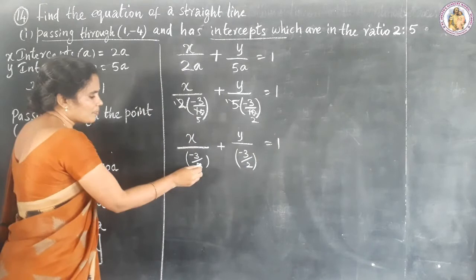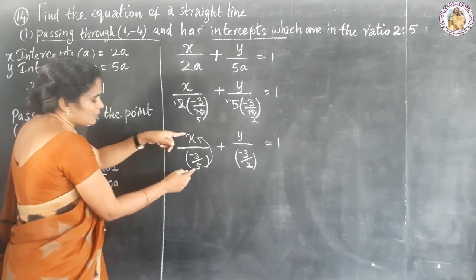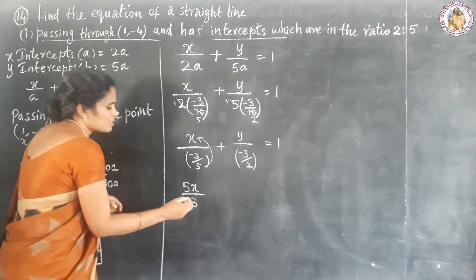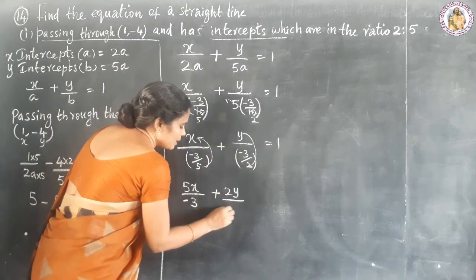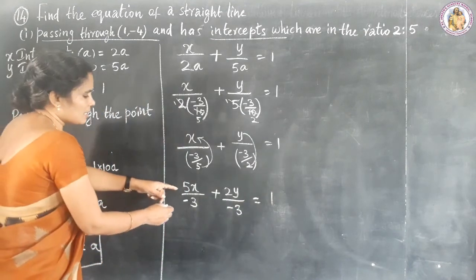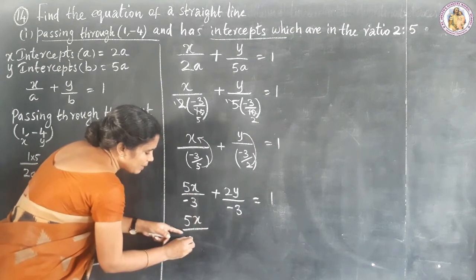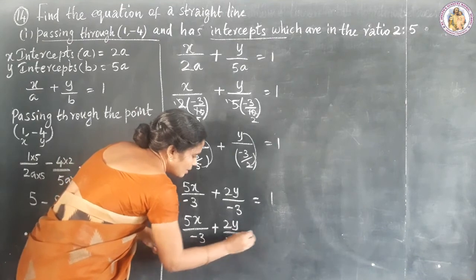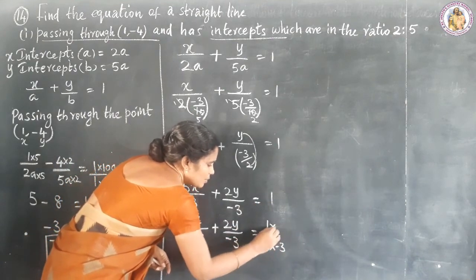In the next step, multiply the numerator with x: 5 into x, 5x divided by minus 3, plus y divided by 2, 2y by minus 3, is equal to 1. In the next step, to make the equation, minus 3 is common, so 5x plus 2y divided by minus 3 is equal to 1 into minus 3 into minus 3.